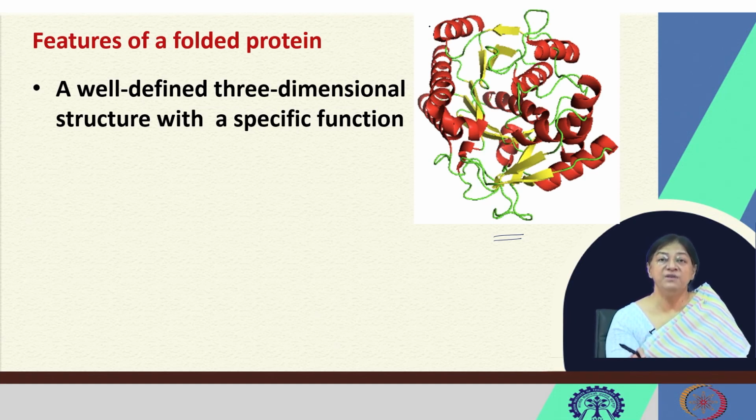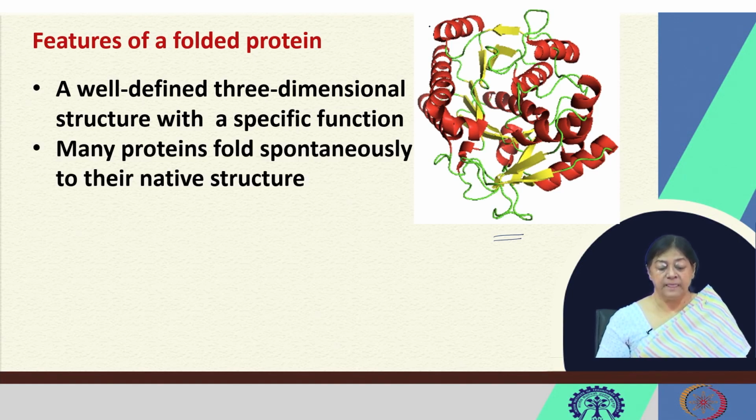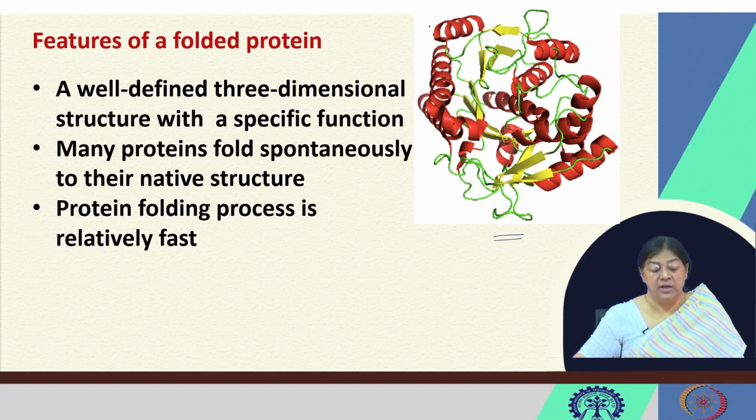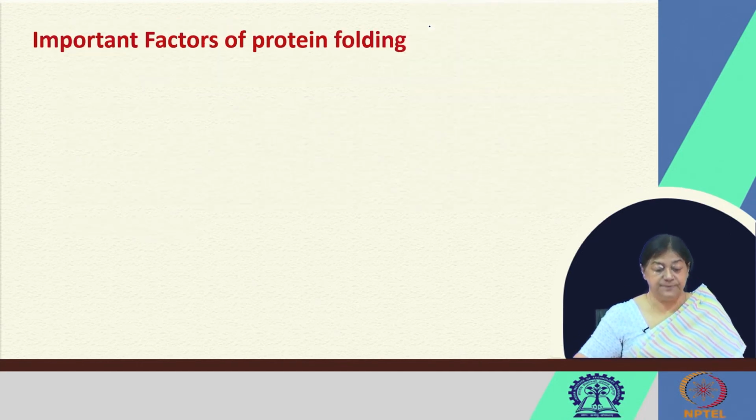This well defined three-dimensional structure has a specific function, which is why it has folded the way it resembles here. Now, many proteins fold spontaneously to their native structure, and the protein folding process is very fast.